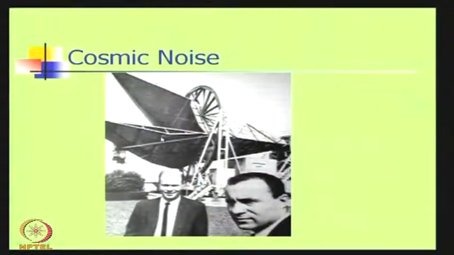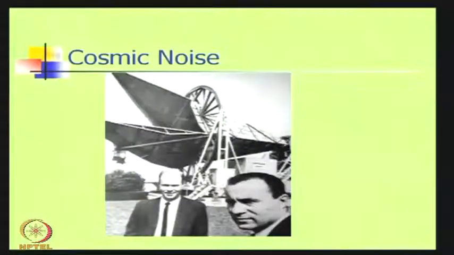This is a radiometer to study the noise for satellite communication through electromagnetic waves, and they were working at around centimeter wavelengths. What they were doing was using this radiometer to characterize the noise from different directions in the sky.